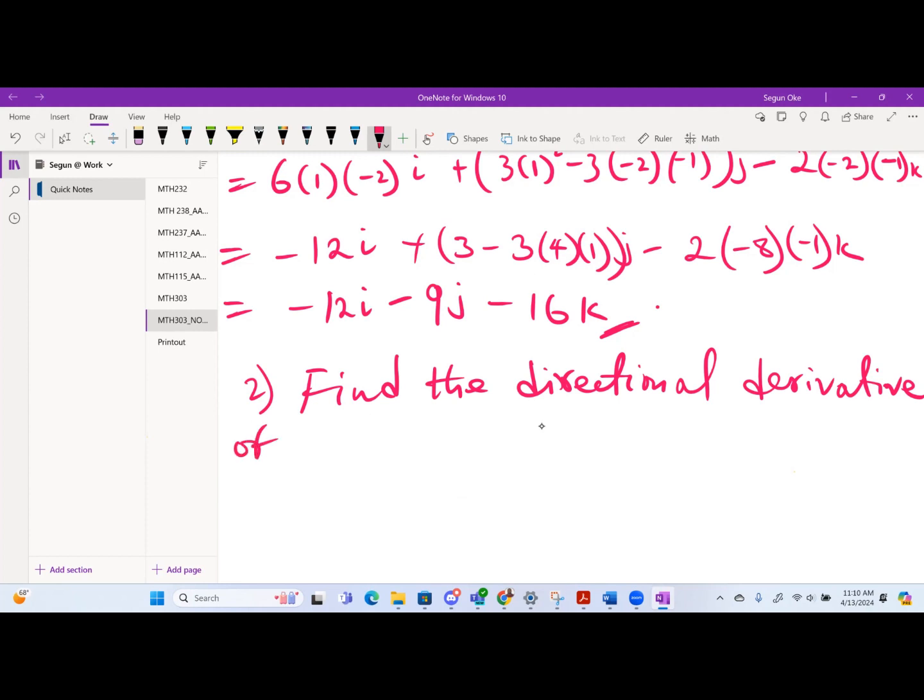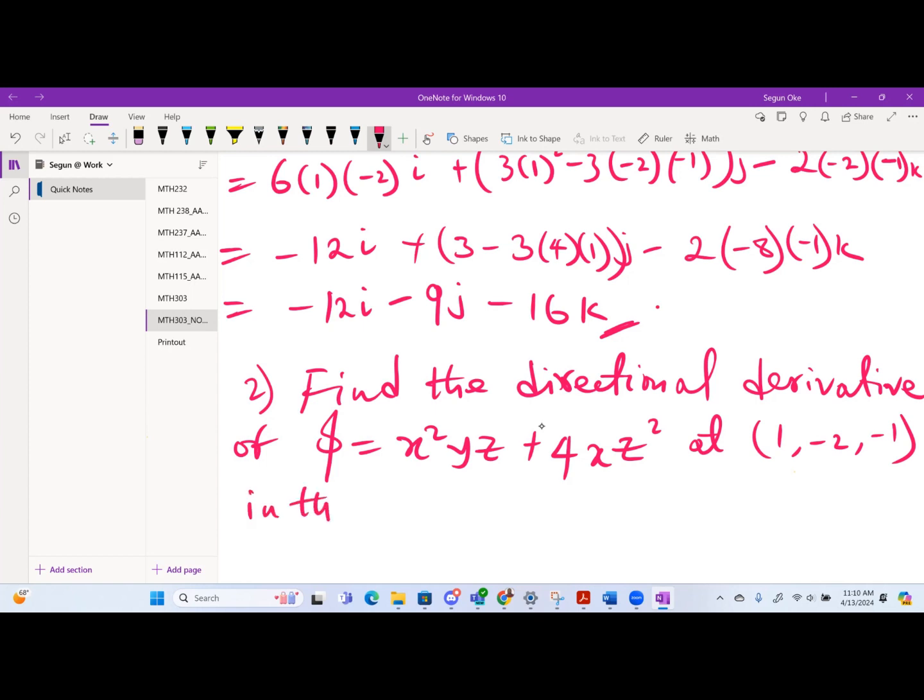Of phi equals x squared yz plus 4xz squared at (1, -2, -1), in the direction 2i minus j minus 2k.